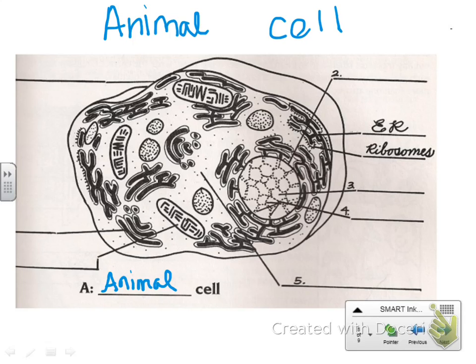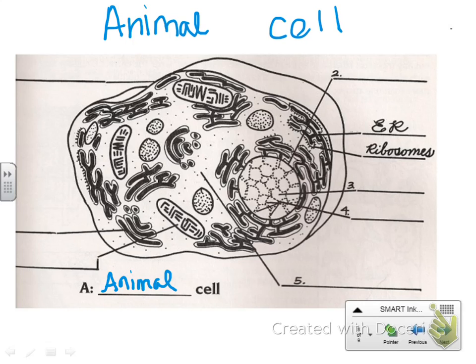Do you notice anything that you can label right off the bat? The ER is located for you. Is there anything that sticks out to you? The nucleus might stick out to you. Which one do you think is the nucleus?